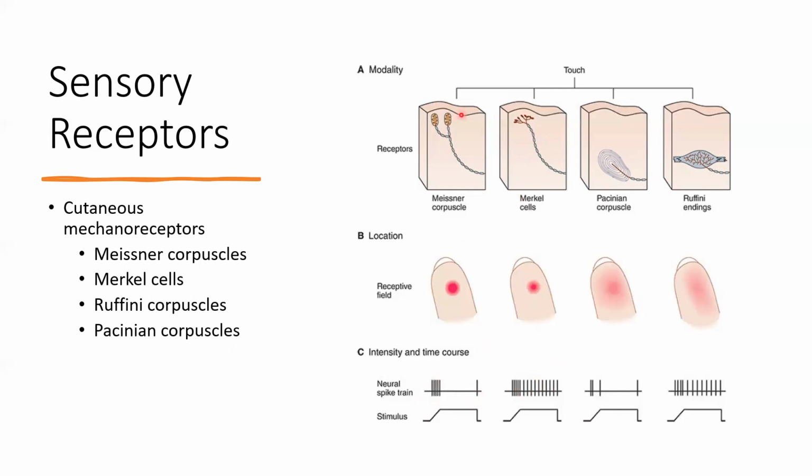Meissner corpuscles very quickly dissipate. Pacinian is also different from the Ruffini endings because the Pacinian corpuscle very quickly dissipates, while the Ruffini endings can have sustained stimulation throughout the period where they are exposed to the stimulus.